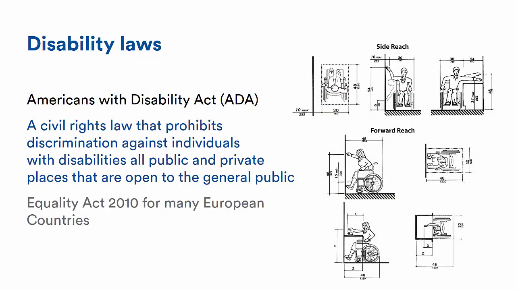Like access control is affected by fire hazards for safety purposes, access control installations are also regulated to accommodate persons with disability. So the Americans with Disabilities Act, also known as ADA, is a civil rights law that prohibits discrimination against individuals with disabilities in all areas of public life, including jobs, schools, transportation, and all public and private places that are generally open to the public.